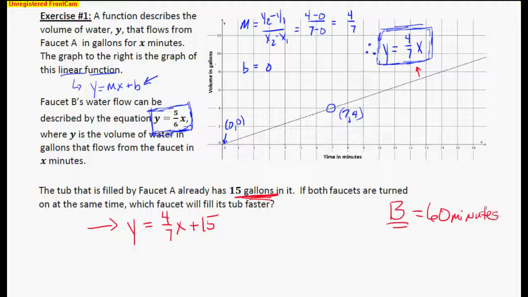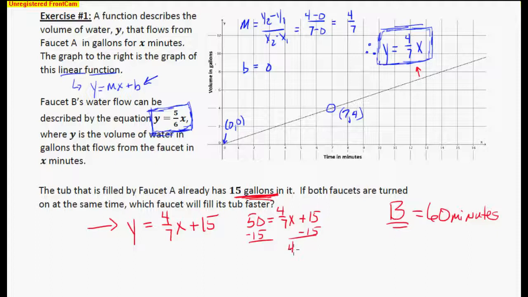We want to compare that now. What if faucet A now has 15 gallons to start? Well, we do the same thing. We want 50 gallons total, so we're going to plug a 50 in for the y again, but now I need to solve this equation. I need to take away 15 first.